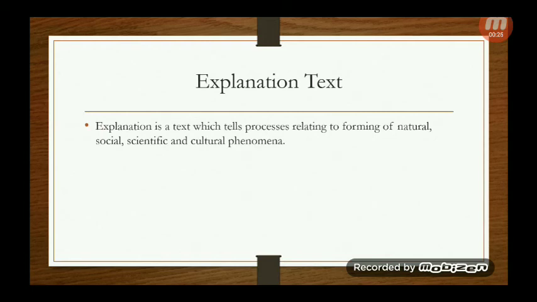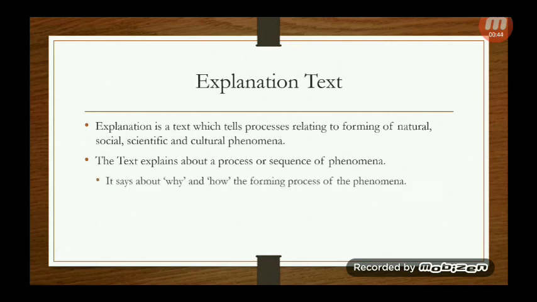So it is telling a process of how something happens. The text explains the process in a sequence of phenomena. It says why and how the forming process of a phenomenon happens in the real world.